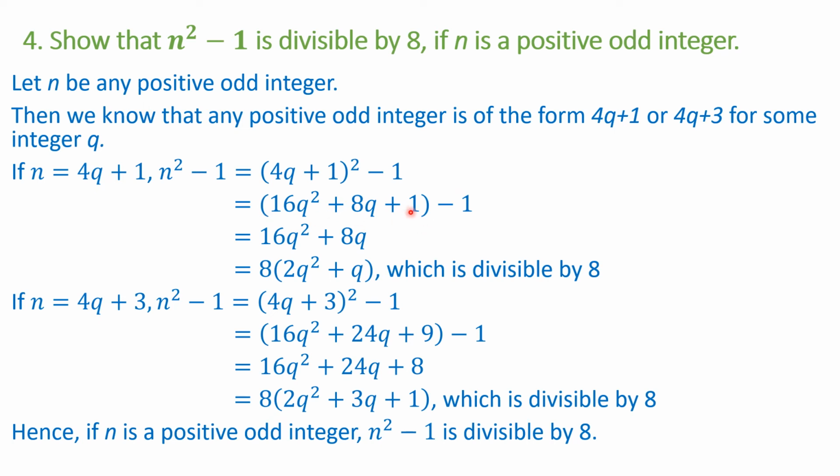When I open this bracket, plus 1 and minus 1 will go and I will get 16q square plus 8q. I take out 8 common, 8 into 2q square plus q, which is divisible by 8, a multiple of 8. Let's see for the next one, if n is equal to 4q plus 3. Then n square minus 1 will be this 4q plus 3 whole square minus 1.